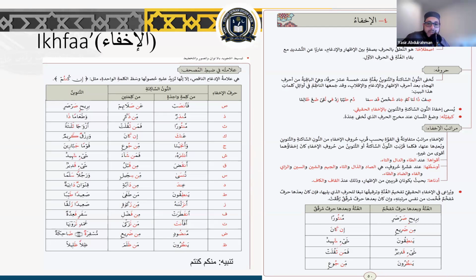Now حرف القاف, we said very similar to al-kaf. These two letters, qaf and kaf, are as close as possible to idhar. The difference between the qaf and the kaf is that the qaf is a heavy letter, an elevated letter. So in this case, you say من قبل, شيء قدير.